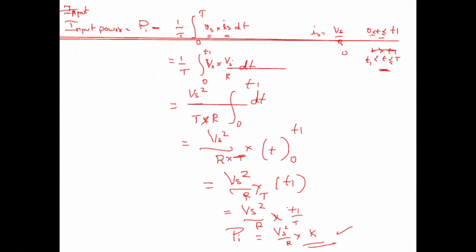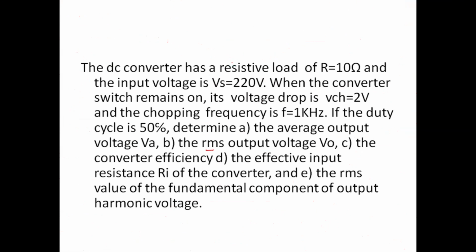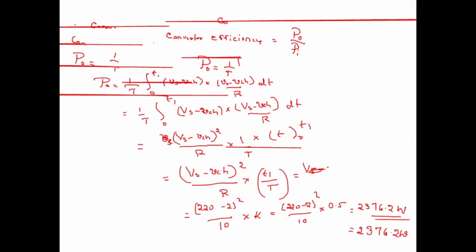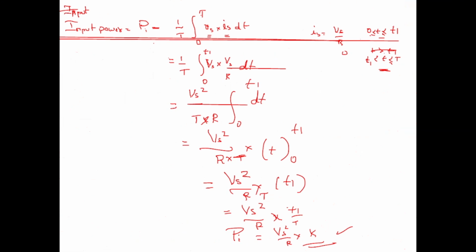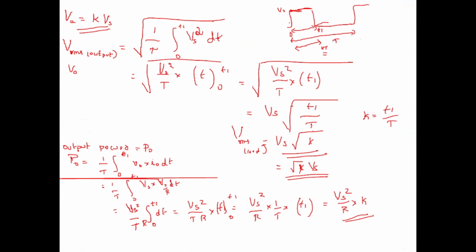So 220 minus 2 is responsible for current. That's the reason I should write Vs minus V chopper here. So what I should write? 0 to T1.